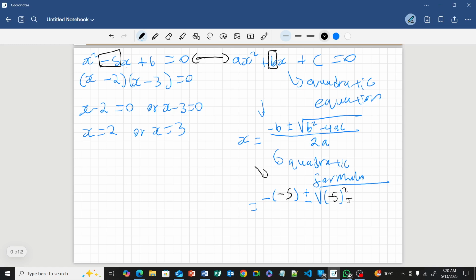Then minus, this minus that I'm writing is part of the equation. Minus the value of a. The value of a is the coefficient of x squared. So in this regard, it will be 1 multiplied, sorry, I forgot a 4.